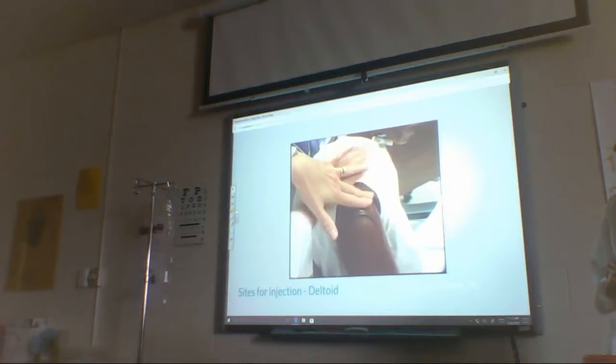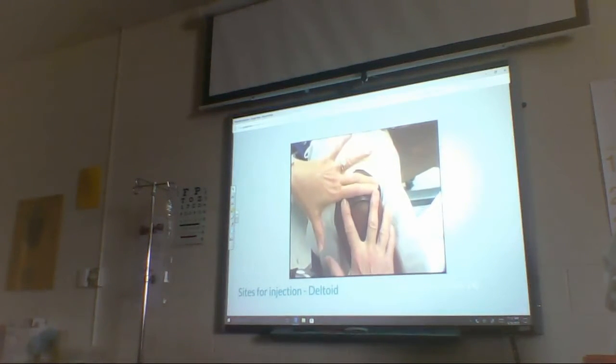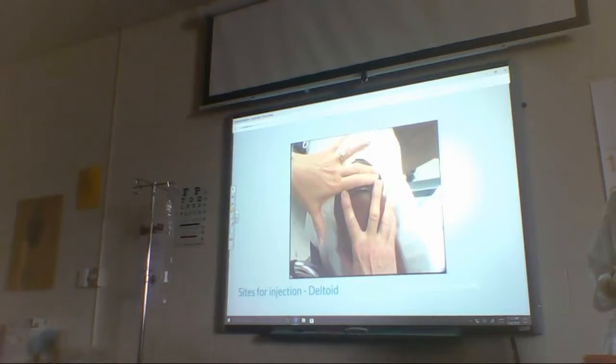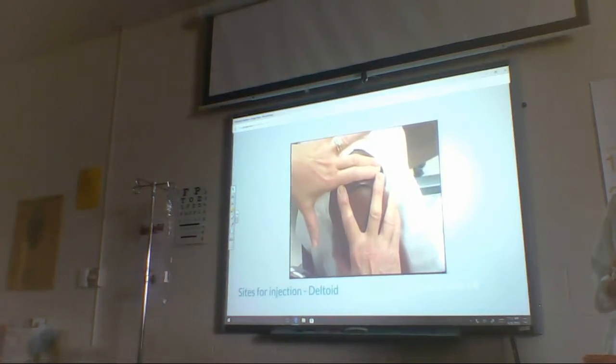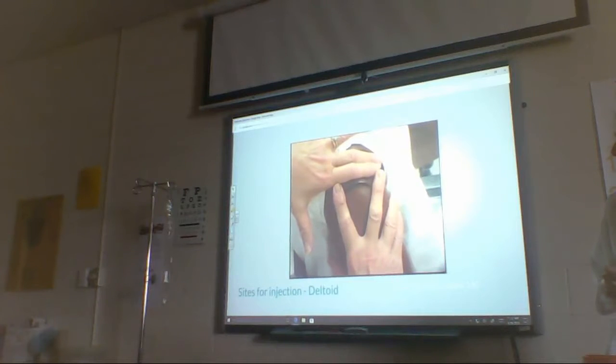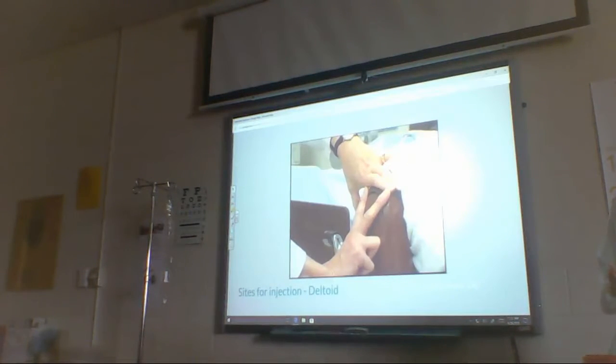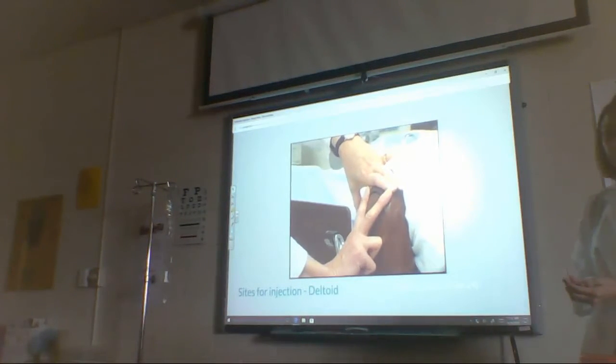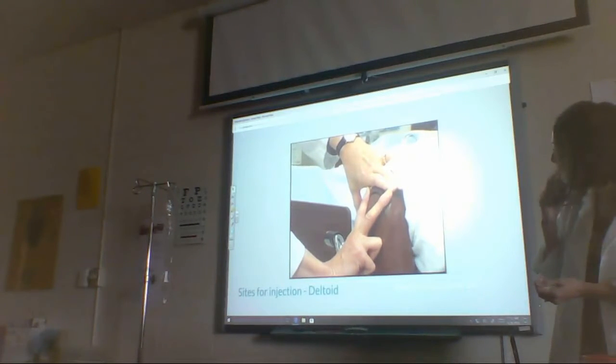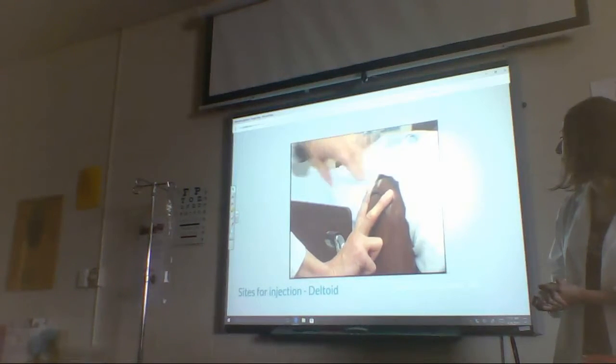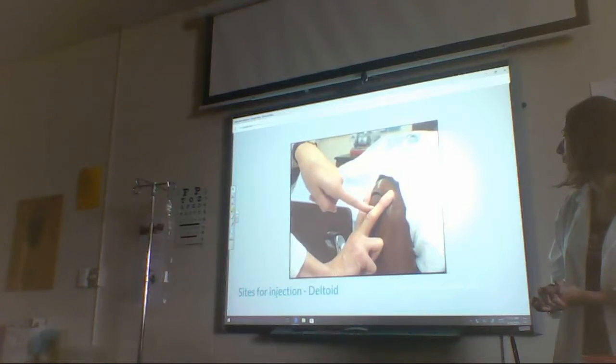This forms the base of a triangle in line with the midpoint of the lateral aspect of the upper arm. Inject a limited medication volume in the deltoid site at a 90-degree angle.